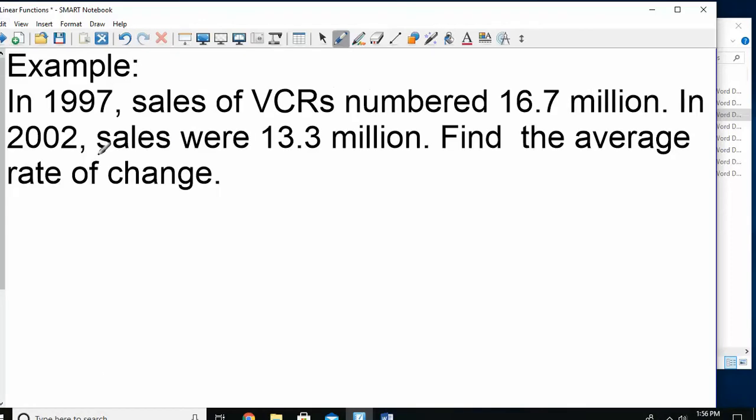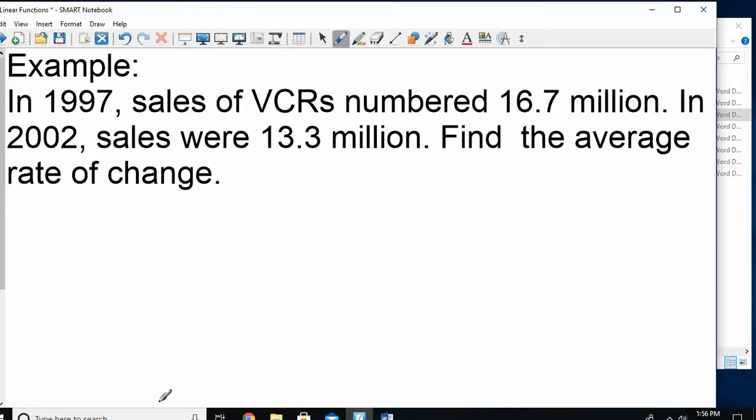So we'll just do one example of this and then we're done. In 1997, sales of VCRs numbered 1.6 million. In 2002, sales were 13.3 million. Find the average rate of change.